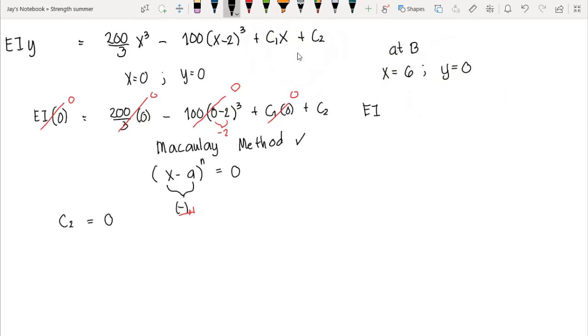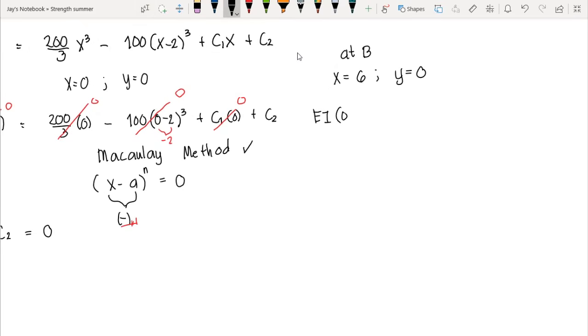EI, or deflection rigidity, times 0 is equal to 200 over 3 times the value of x here, this is 6 cubed, minus 100 times x minus 2, this one, we have 6 minus 2 raised to the 3, plus C1, which is the one we're computing here, times 6.